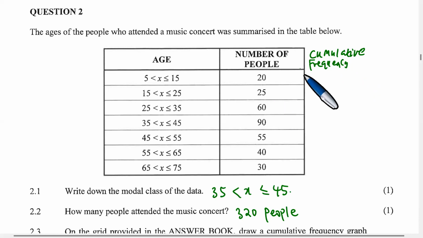So that you have 20, 45, 105. In other words, it's 20 plus 25, then you have 45.